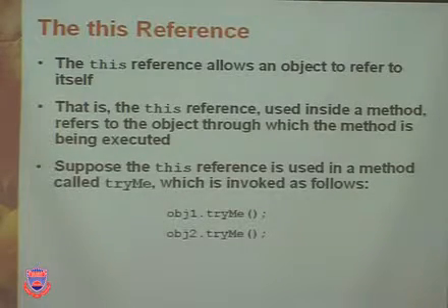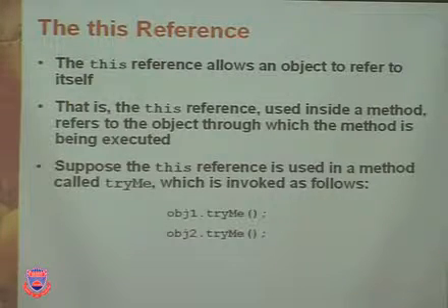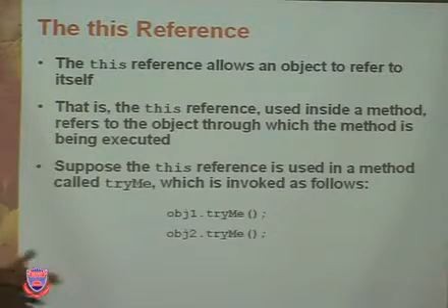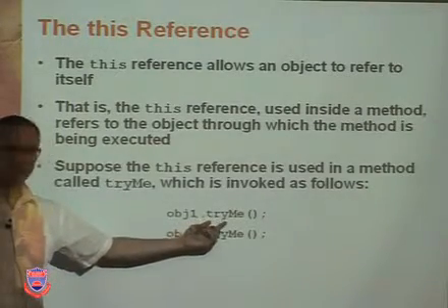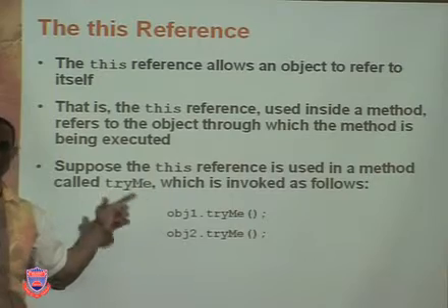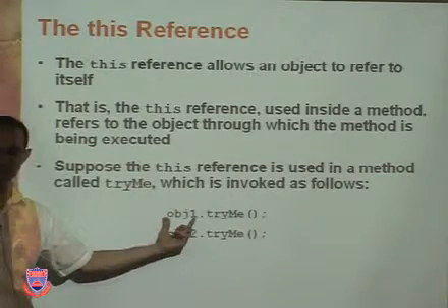So this reference, what does this reference indicate? It is indicating the current object that this method or whatever method is using right now. So whenever, for example, you are calling object 1's tryMe, within this method, if you're referring to this, it means object 1.